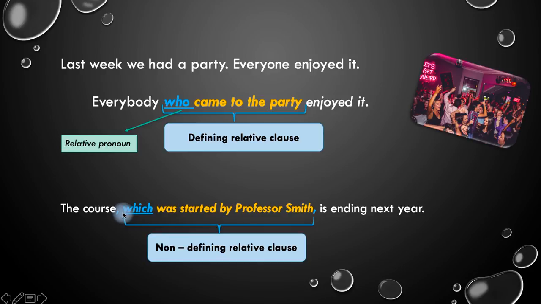It gives extra information about the noun, and we can omit this part of the sentence and the meaning of the sentence will not be changed. Now, today we will look closer at the differences between defining and non-defining relative clauses, and let's start with a few more examples from the video.